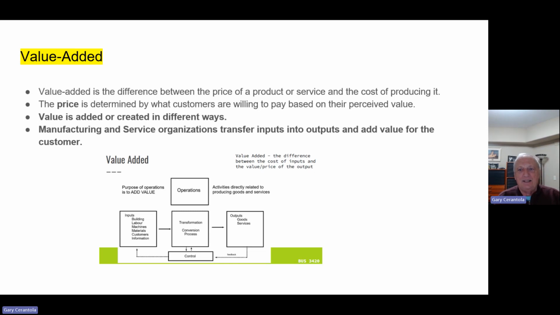So value added is created in different ways. I mentioned brand, I mentioned functionality of the product. If the product is more efficient in running, or it helps a buyer save costs in their own business, well, you've added a lot of value. And manufacturing and service organizations, they transfer inputs into outputs and add value for the customer. And again, different units.